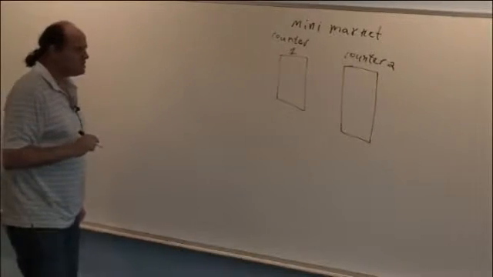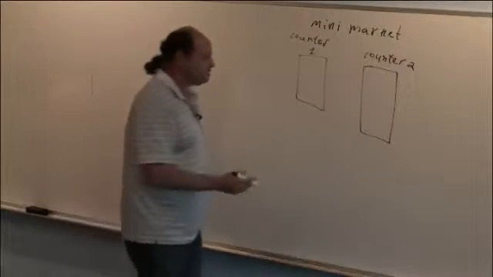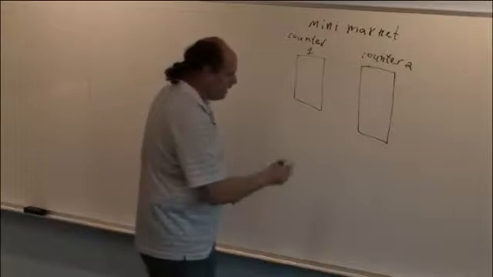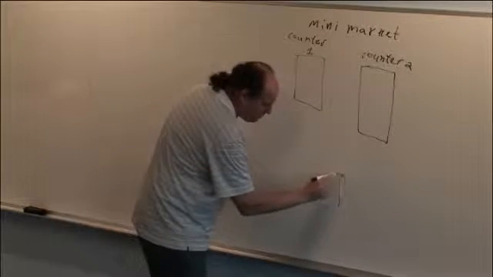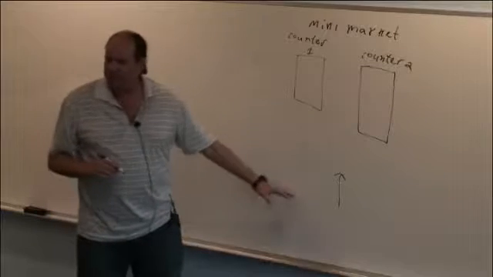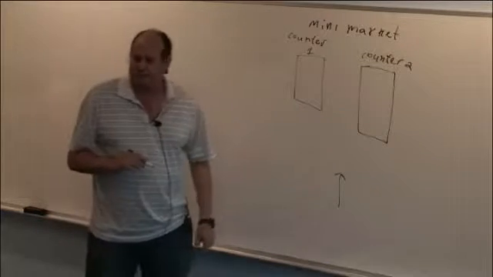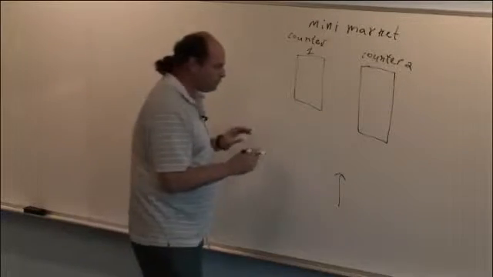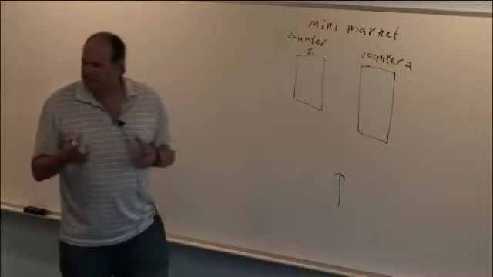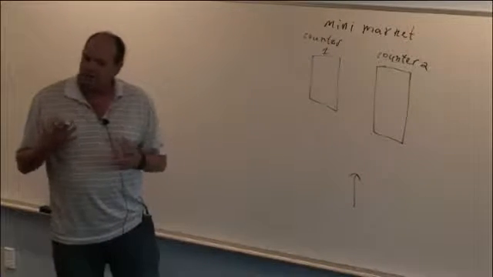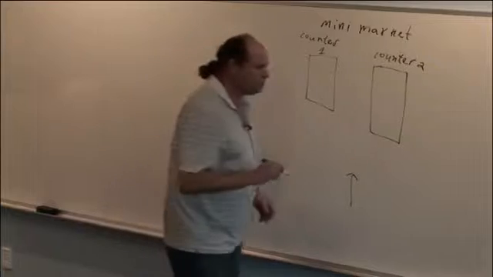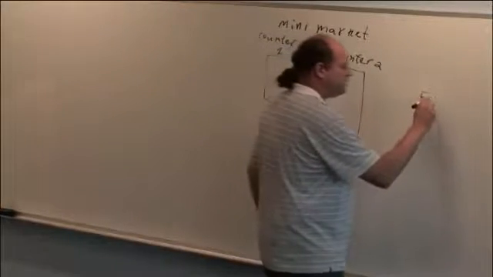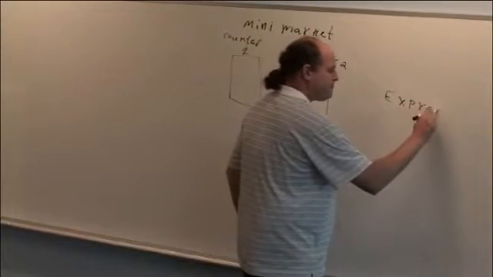So we have these two checkout counters, and people arrive at the counters where they want to check out. And what we're going to look at is a very particular type of queue management, which involves the idea of an express line.